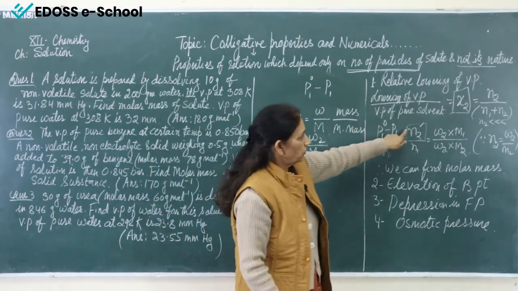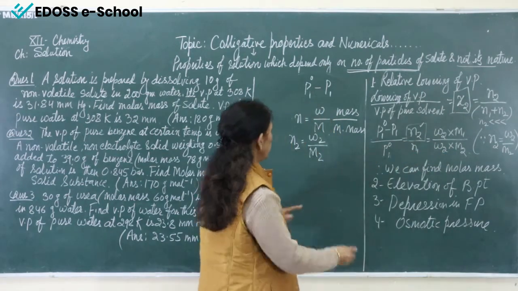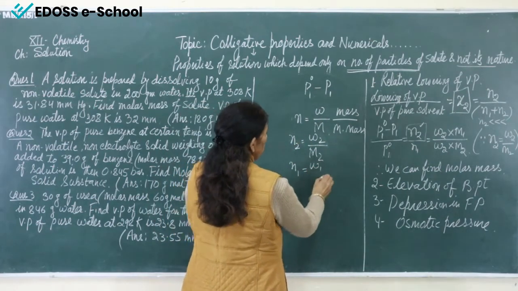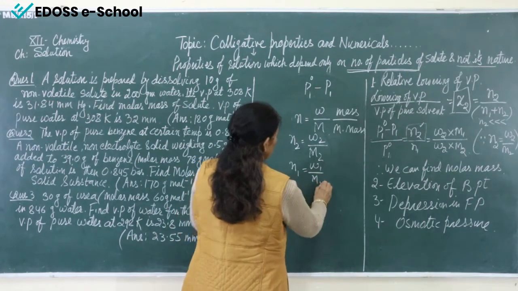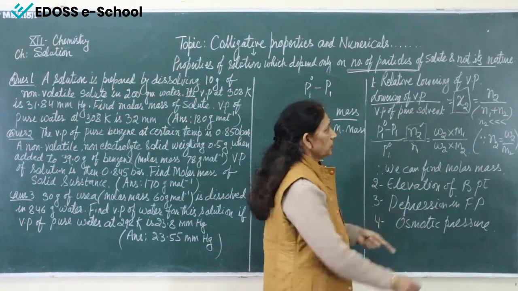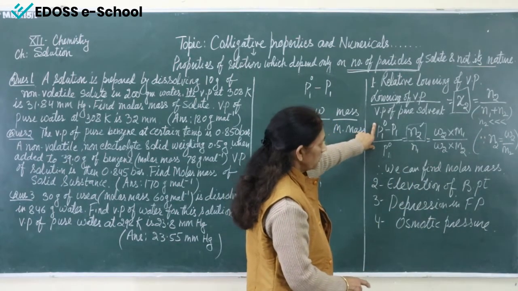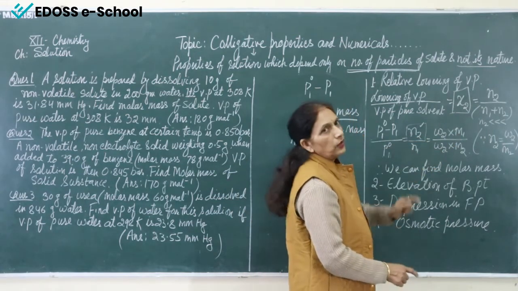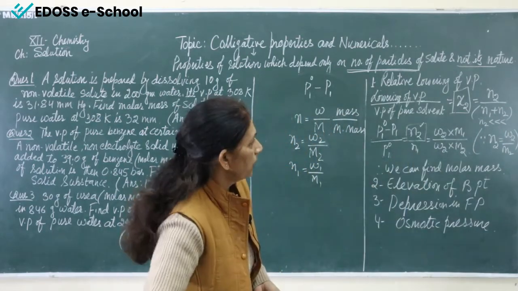So in place of N2 we can put W2 upon M2, and similarly N1, for the solvent, is W1 upon M1. So we can say that relative lowering of vapor pressure will be equal to W2 into M1 upon W1 into M2. With the help of this formula, we can now easily calculate M2.